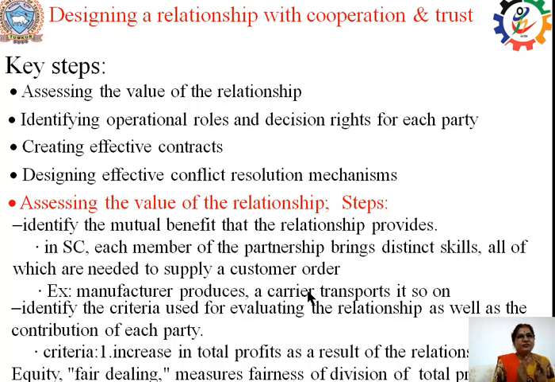Every aspect in the supply chain, action, reaction, decision making, everything will be efficient and effective if and only if there is a relationship with cooperation and trust. The key point lies with the relationship. How good it is, that much better the supply chain will be.